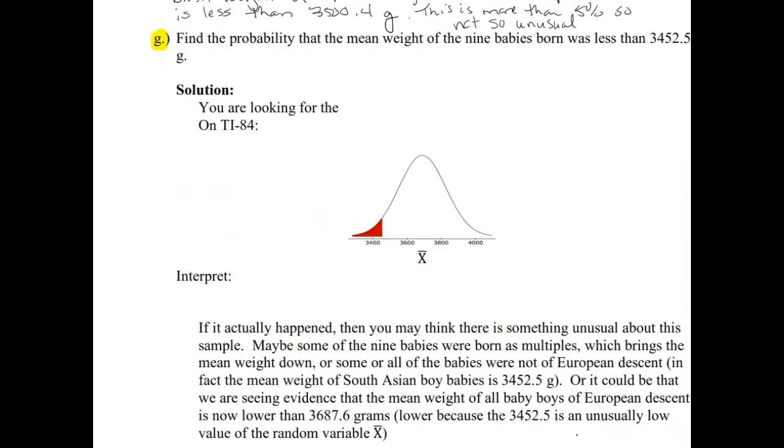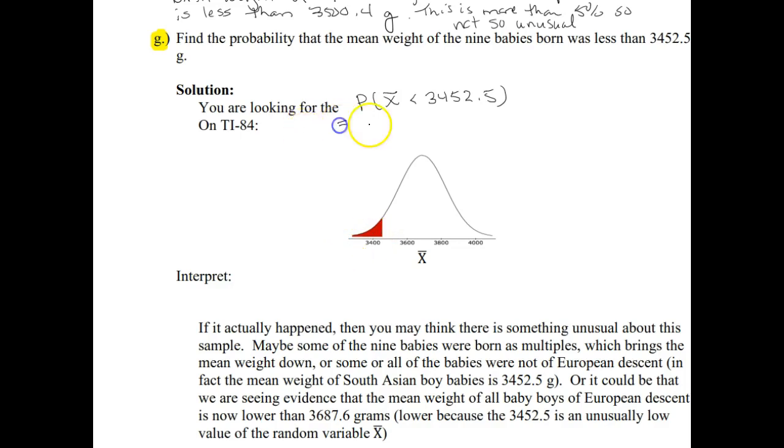Right, part G asks us to find the probability that the mean weight of the 9 babies was less than 3,452.5. So in this case, we're looking for the probability of getting an x bar to the left of 3452.5. We can see from the shading on our graph that that's going to start again at negative infinity.